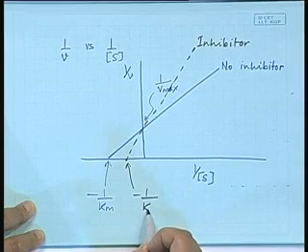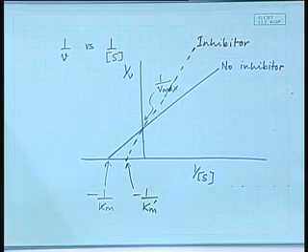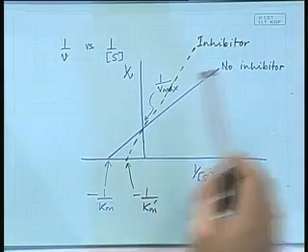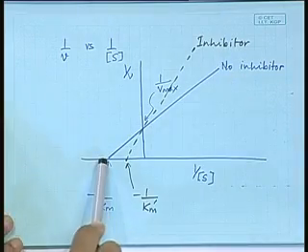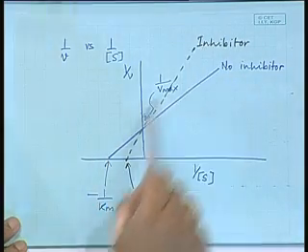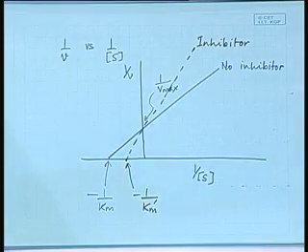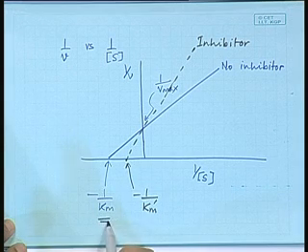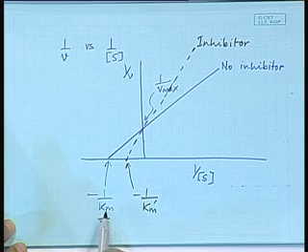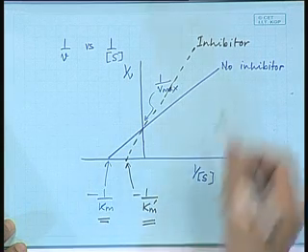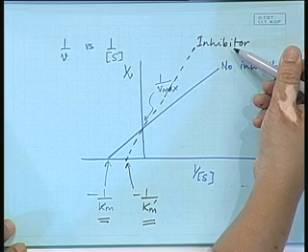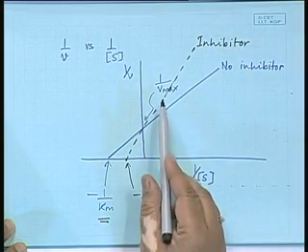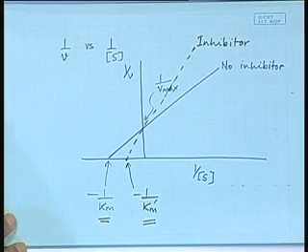Minus 1 by Km prime. Fine. So, I have no inhibitor in one case. In the next case, what can I now determine? I can determine my Km values for the uninhibited enzyme and the Km prime value for the presence of the inhibitor. And I can also find out what Vmax is.